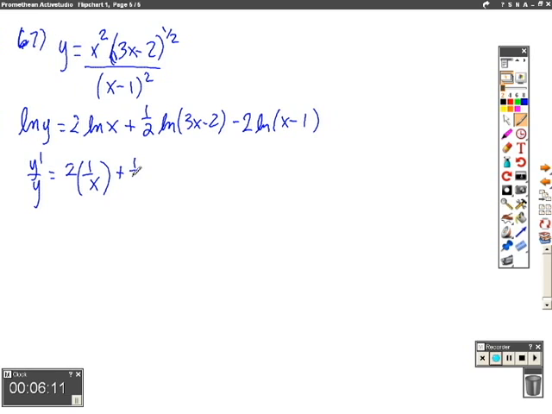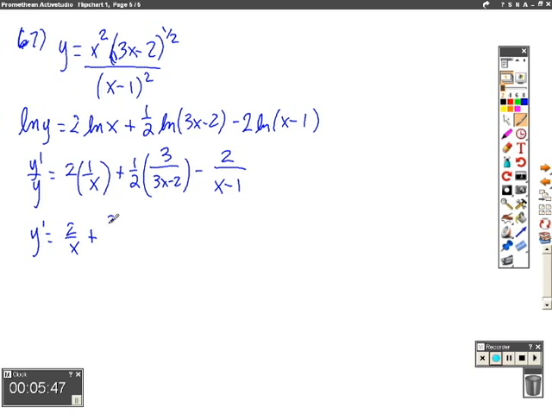Then I have, remember, the derivative of ln of u is u prime over u, so I get 3, which is u prime, over 3x minus 2. And the derivative of the last term, again, is u prime over u. So I get 1 over x minus 1 multiplied by the 2 that's already there. And we know that we have to get y prime by itself, so I'm going to clean that up a little bit.